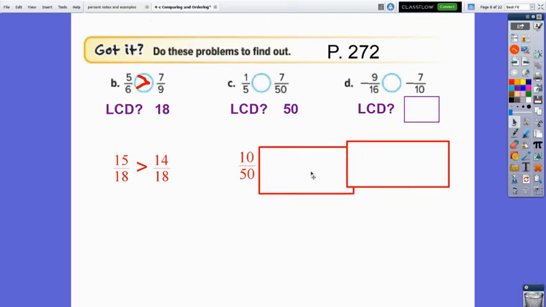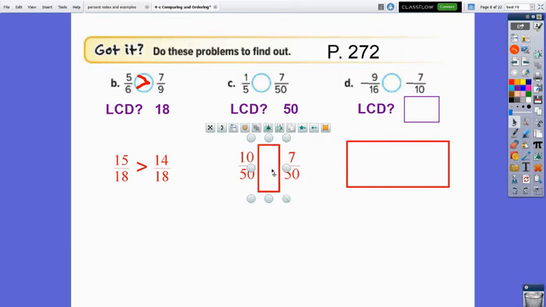So 10/50, and comparing 10/50 and 7/50, my answer is greater than. 10/50 is greater than 7/50. And on this problem on a test or a quiz, you would be required to show this work, right? You can't just write the greater than or less than sign and not justify how you got your answer.